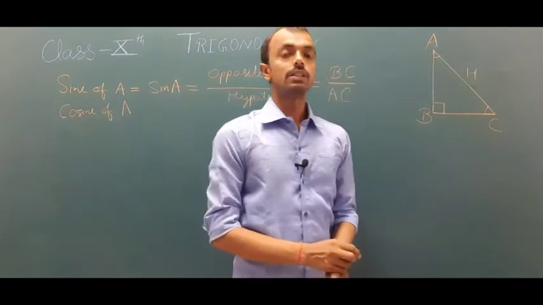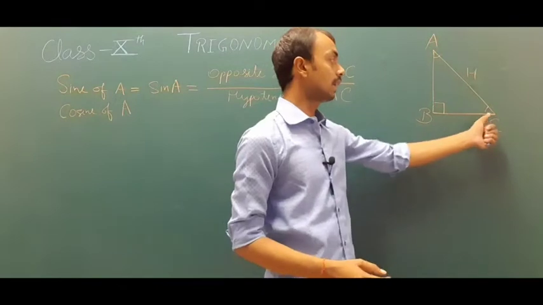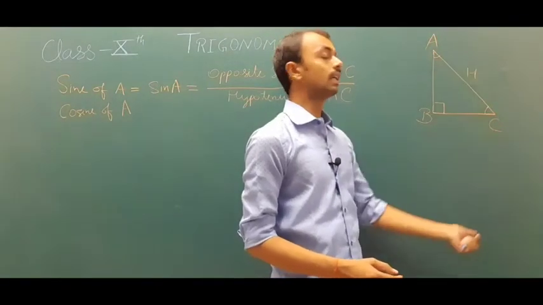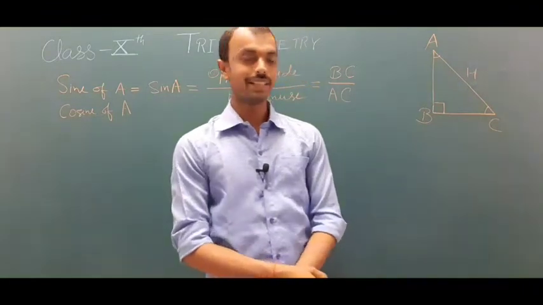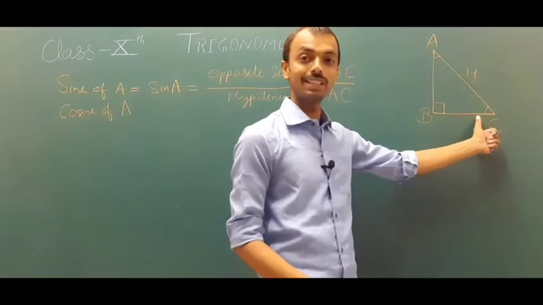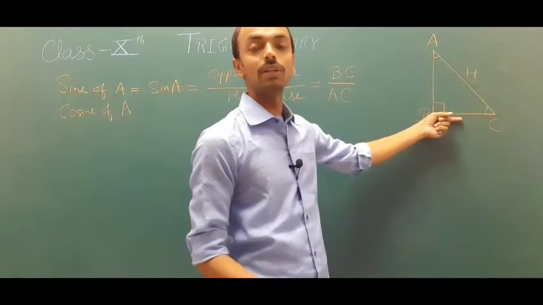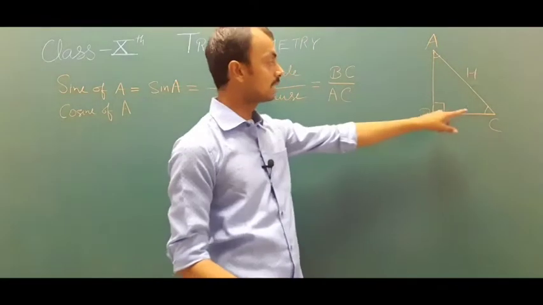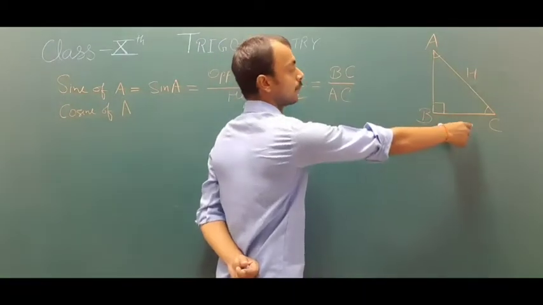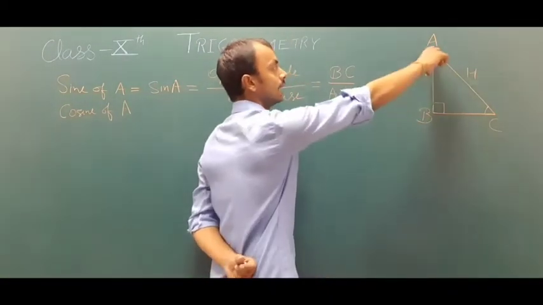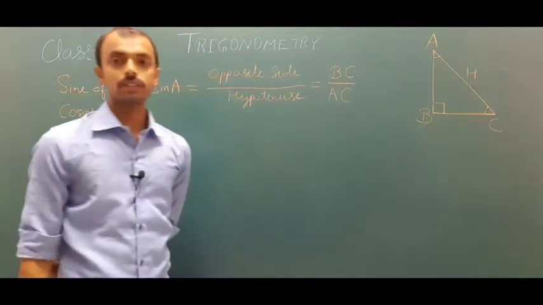Now you will say, sir, there are two sides adjacent to angle C, that is BC and AC. But AC is the hypotenuse already. So the adjacent side will be only one, BC, for angle C. Okay, and for angle A, the opposite side is BC and the adjacent side is AB.